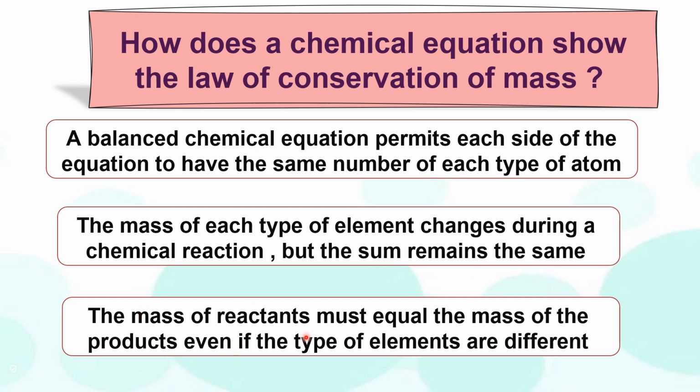The mass of the reactants must equal the mass of the products even if the type of elements are different. Which one? The first one, because قلنا قبل قليل يجب أن تكون عدد النمبر لكل type يجب أن تظهر الأنواع في البرودكت and the reactant and الأعداد أيضا تكون نفسها عدد number of the atoms.